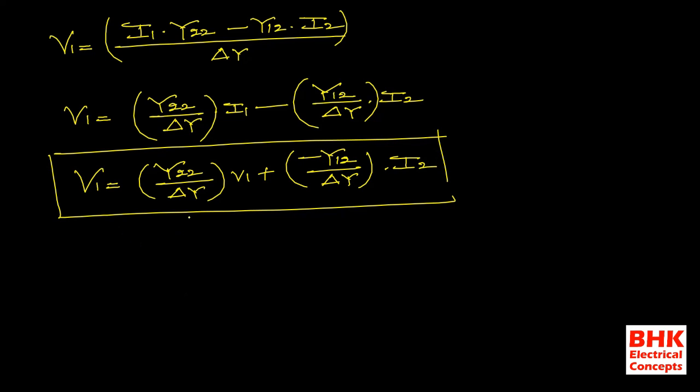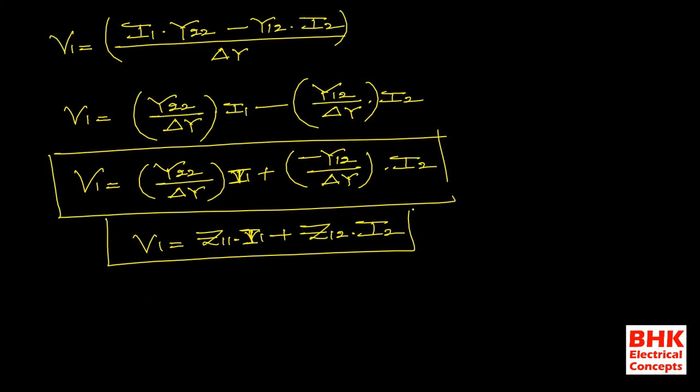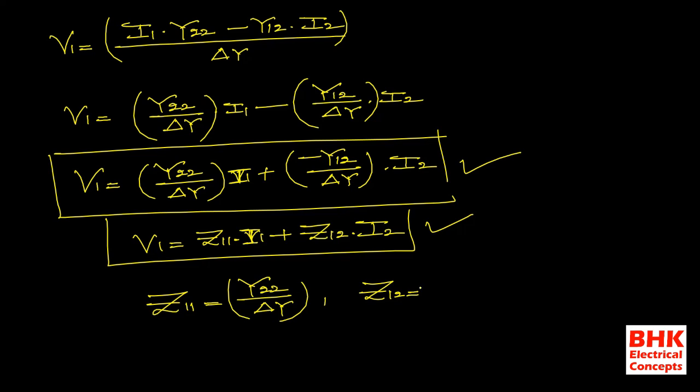Now we need to compare this expression with the standard expression, that is v1 is equal to z11 I1 plus z12 I2. By comparing these two expressions, you will get z11 is equal to y22 divided by delta y, and z12 is equal to minus y12 divided by delta y.